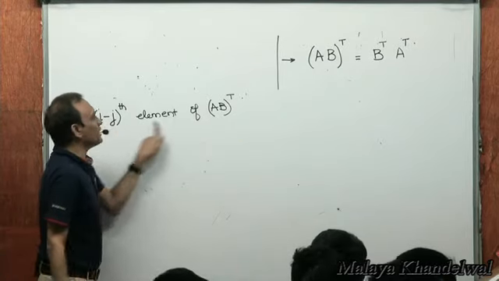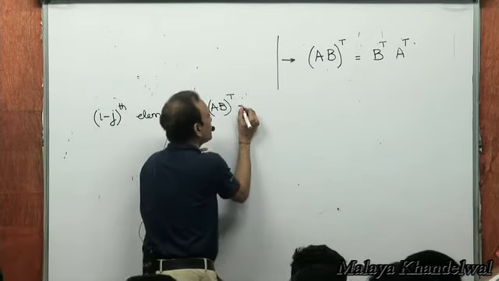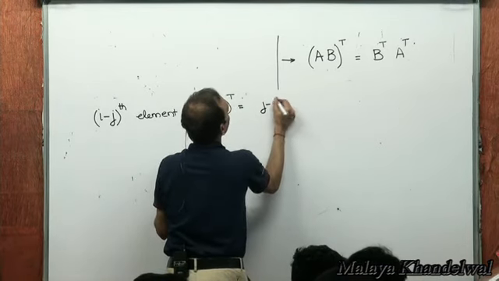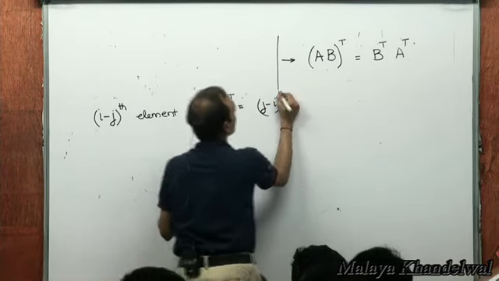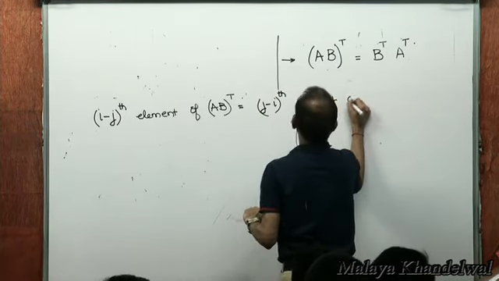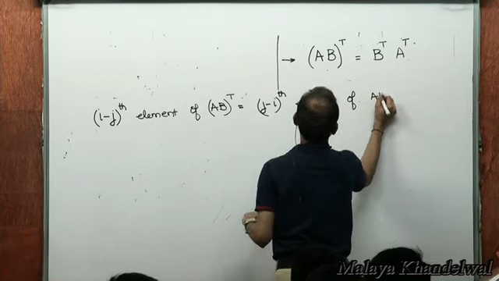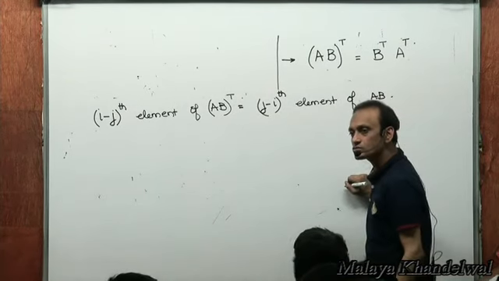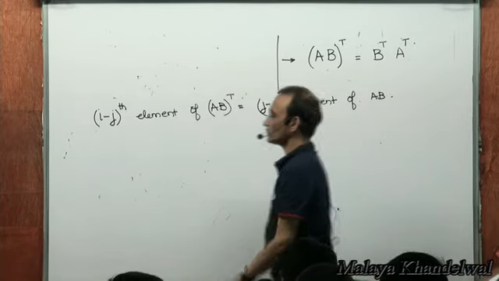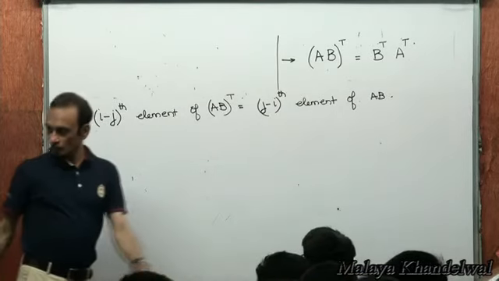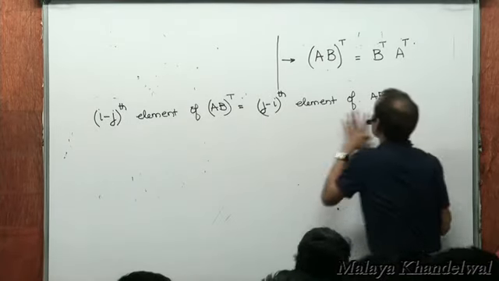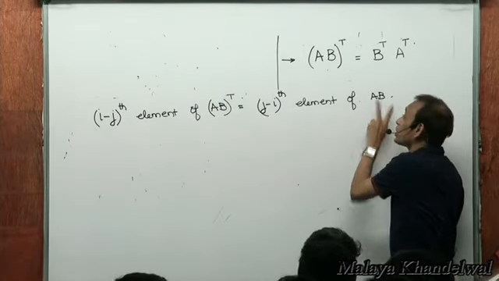The ijth element of AB transpose, I claim, will be the same as the jith element of AB, isn't it? This is what transpose does, right? Yes or no?